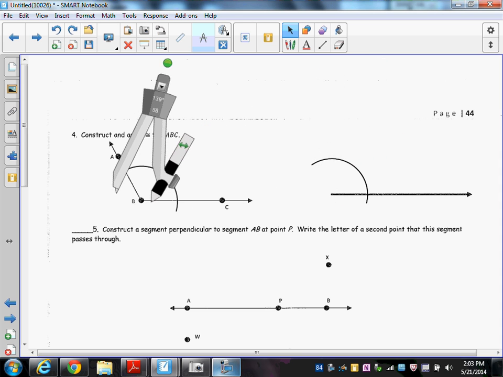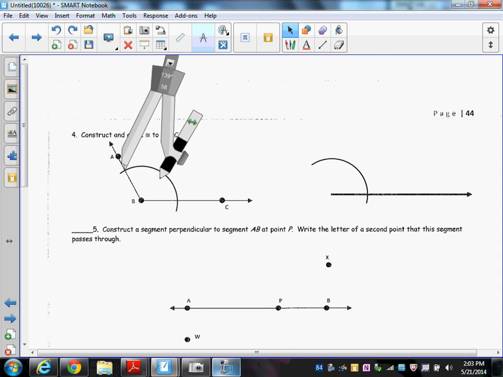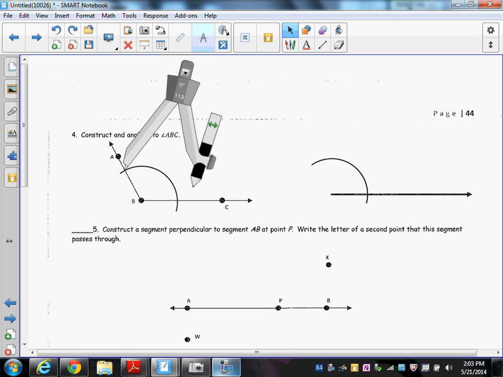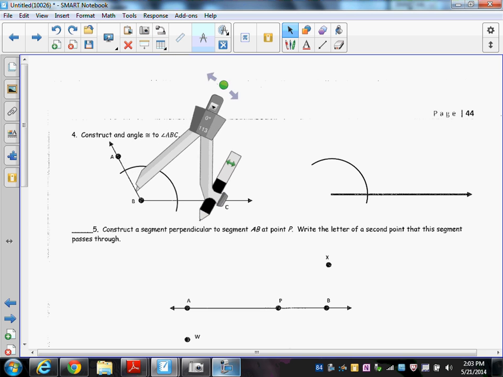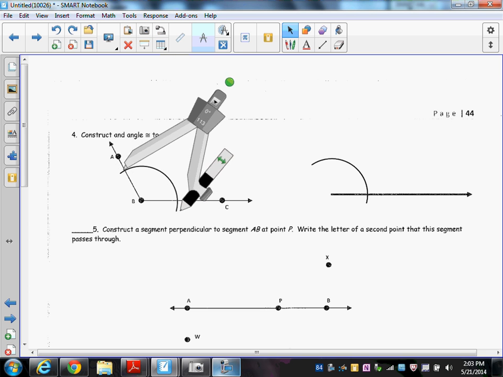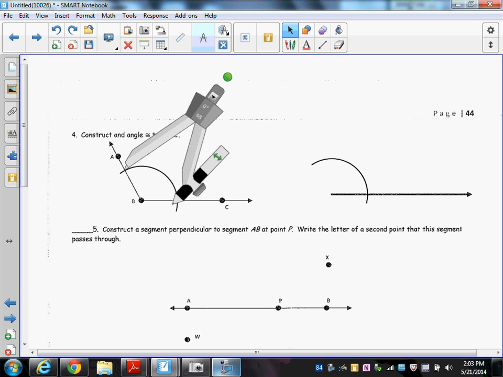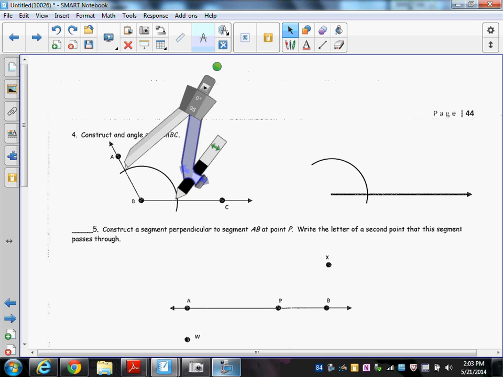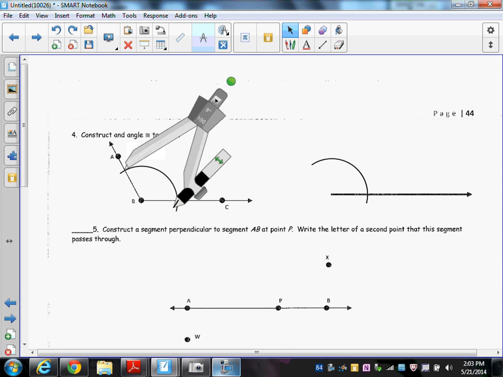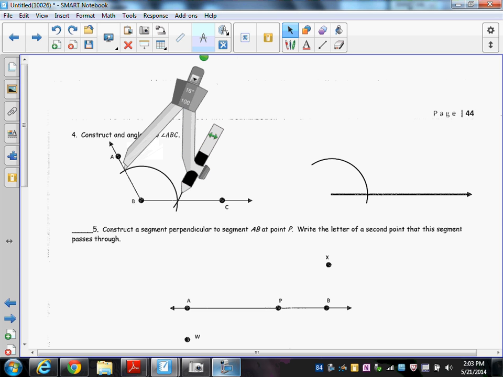Now, whenever I copy an angle, this is the only construction we've learned where you actually move the compass. So we're going to move the compass just a little bit until it goes through the other point. I like to make another mark there just to make sure that we did it right.